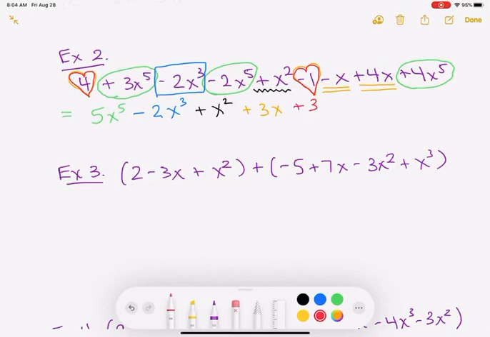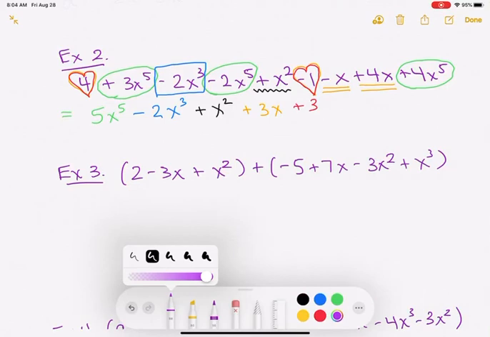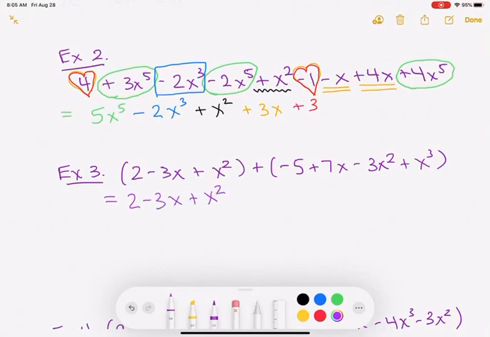But in this case, if you look at it, they actually really don't even make a difference. So let's go ahead and start just by rewriting this problem without the parentheses, okay? So this first set, that's doing absolutely nothing for us. So we have a 2 minus 3x plus x squared. Now here, plus a negative, can I rewrite that with just one side?